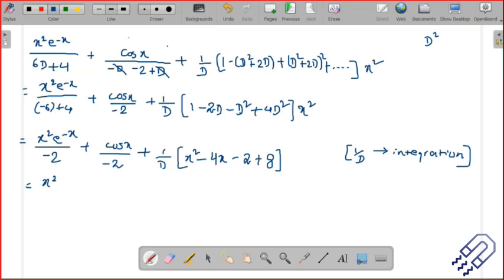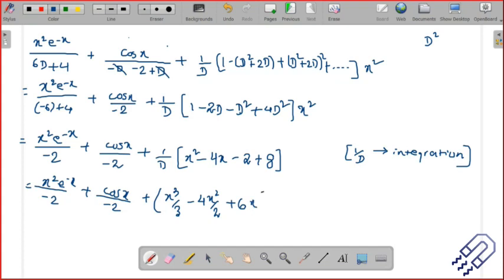So you can just take this to be x square e to the power minus x divided by minus 2 plus cos of x divided by minus 2, and then this is plus integration of x square, so that is x cube divided by 3 minus integration of x is x square divided by 2, and then this is minus 2 plus 8 is 6, and integration of a constant, this will give you an x here, right?